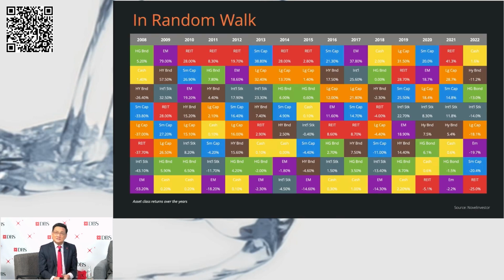With the uncertain factors in play in the markets today, how do we pick the best performing asset class to invest in? Now, this is a diagram to simply show that it is almost impossible to spot any one asset class, be it equities, bonds, REITs, that will perform the best in any single year. You can see that in the returns of the various asset classes.